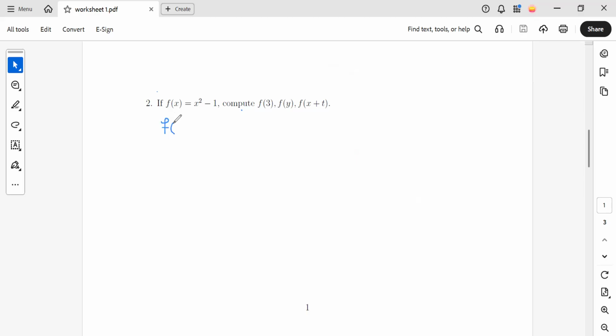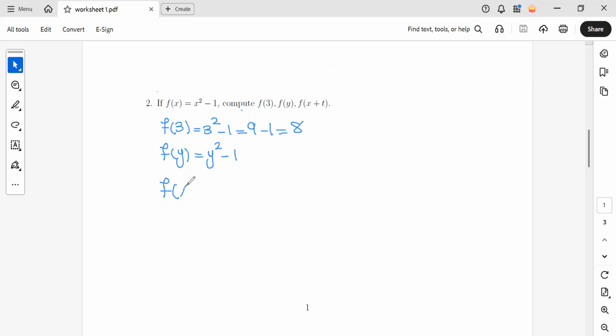So we would plug in 3 for x. So it would be 3 squared minus 1, which is 9 minus 1, which is 8. F of y means that you would put y instead of every x that you see. So it is y squared minus 1.